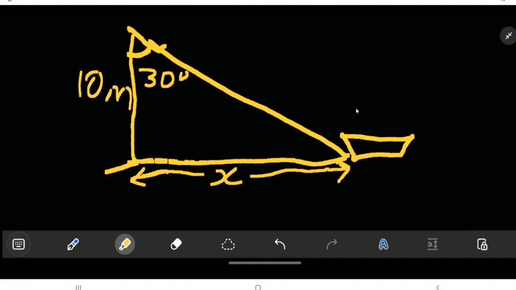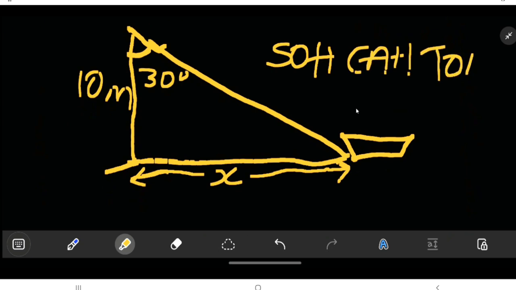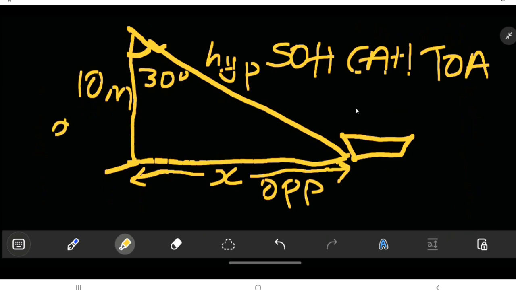Okay, let's continue. We are going to use our formula, SOH CAH TOA. This is the hypotenuse, then this is our opposite, and this is the adjacent.